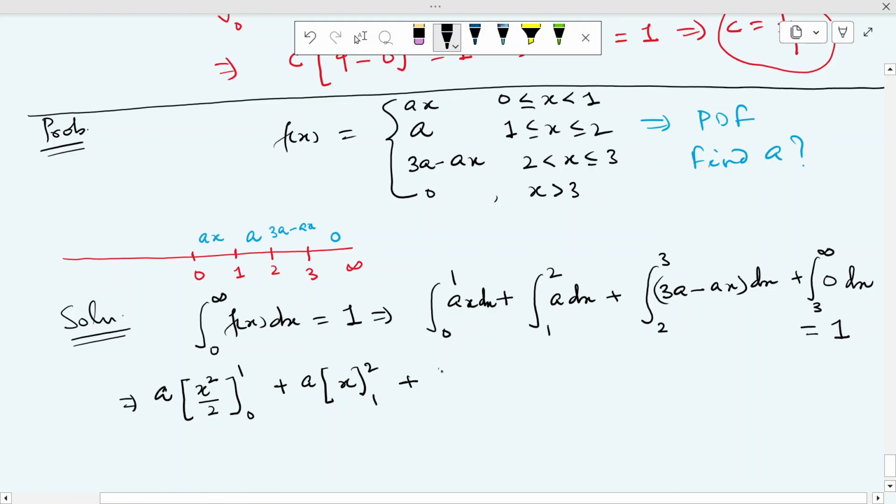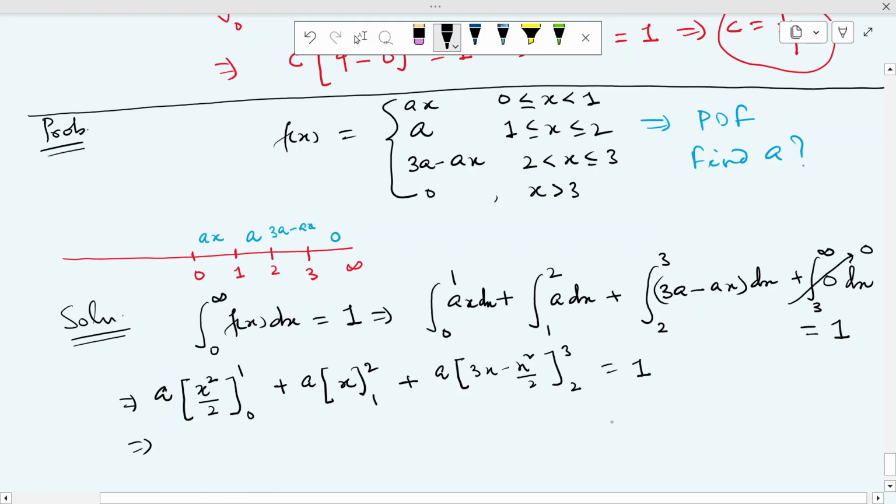And here you will again take this a outside, and you will obtain 3x minus x square by 2, and limits are 2 to 3, and again here the function is 0, so the value of this integral will be 0.